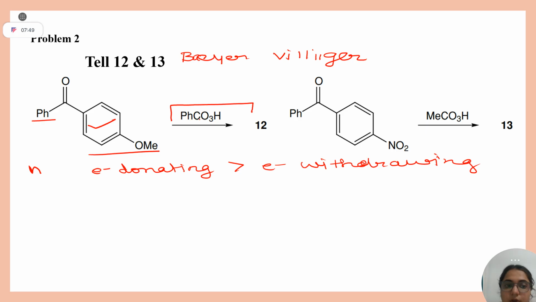Why? Because you are adding one extra oxygen in that. So that oxygen will add here since this ring is more electron rich. If we look at the left side, this para-nitro is an electron withdrawing ring due to the presence of the nitro group. Therefore, that oxygen will insert here.